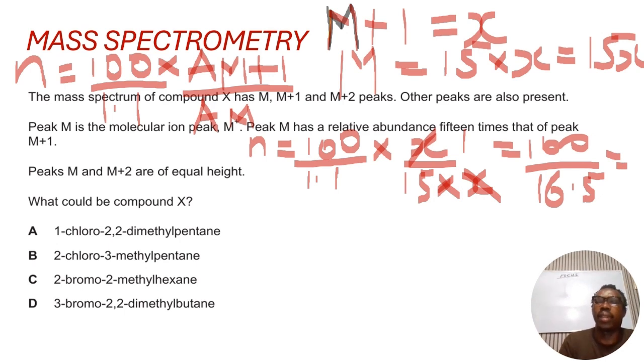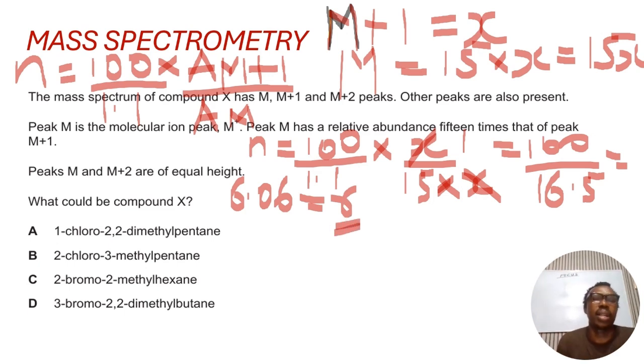So 100 divided by 16.5, let me use my calculator, is 6.06, which is approximately 6. So the number of carbon atoms here is equal to 6.